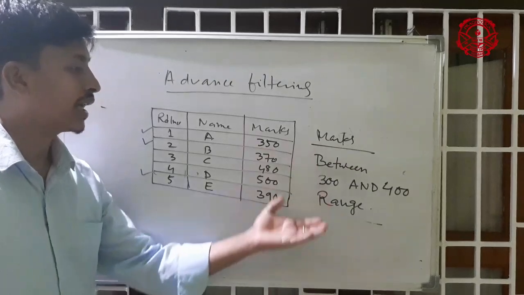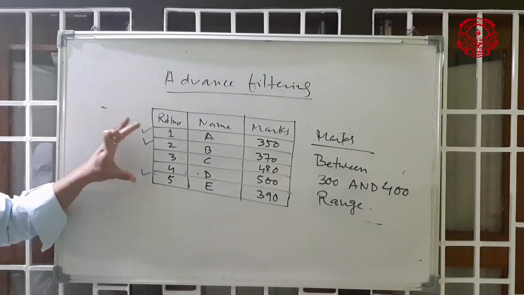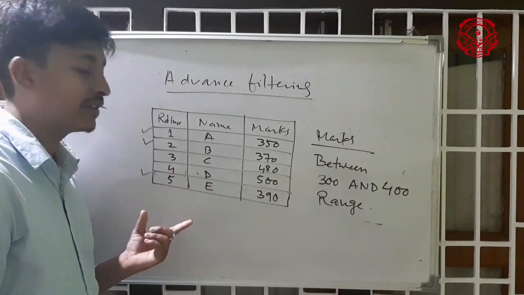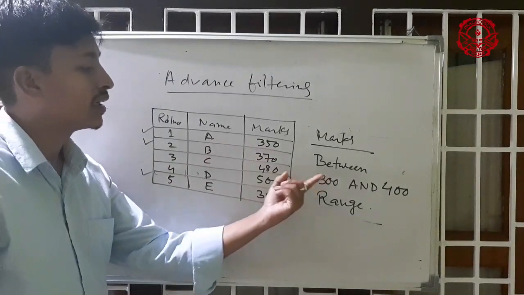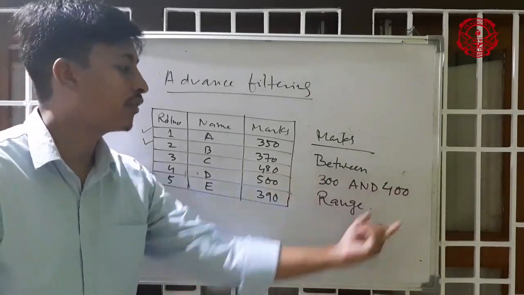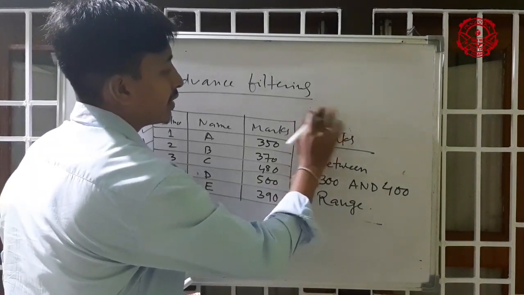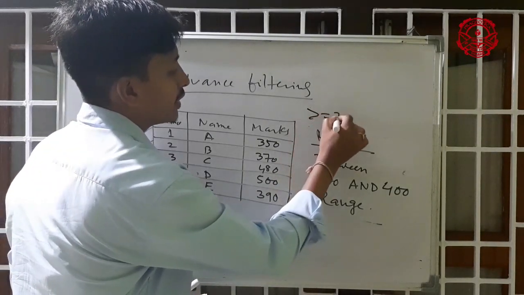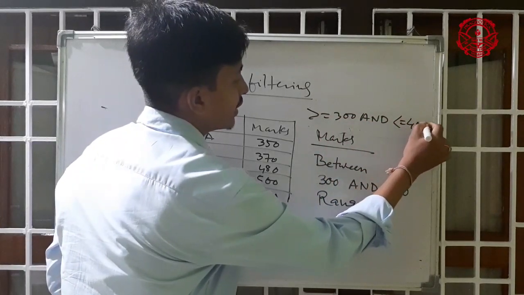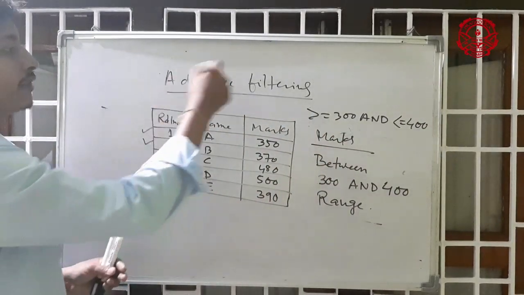After searching 300 to 400, it will display only roll numbers 1, 2 and 5, because the marks are greater than or equal to 300 and less than or equal to 400. In this range the marks are coming. That's why it is called advanced filtering.